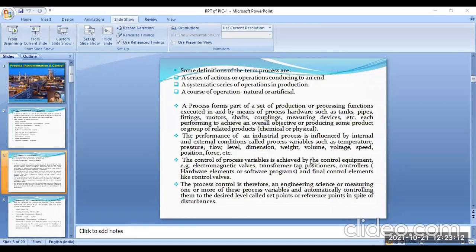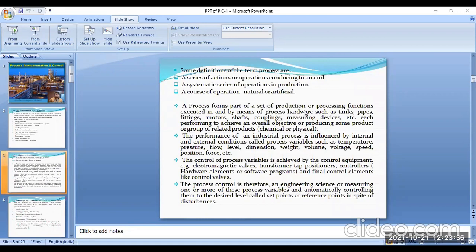So this process plant also involves operations that perform physical or chemical transformations, or a series of transformations in which fluid or solid materials are converted into more useful stuff. So please remember these things.